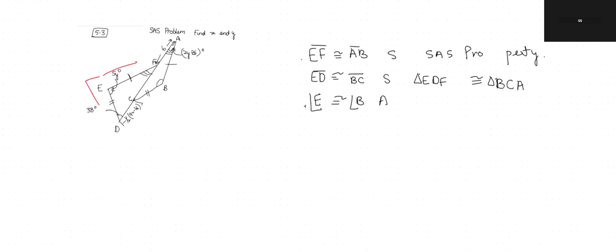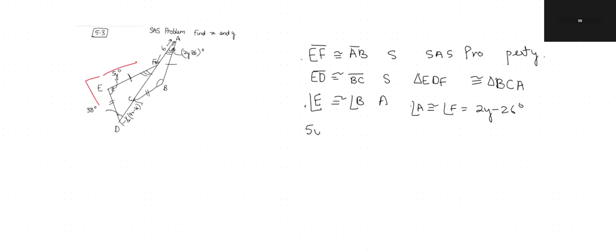So now we can say that angle A is congruent to angle F, and that is equal to 2y minus 26 degrees. We know that in a triangle, the sum of angles is 180 degrees. Angle E is given as 5y degrees.